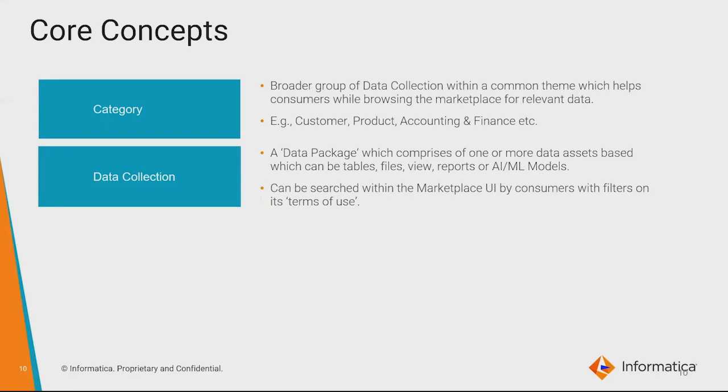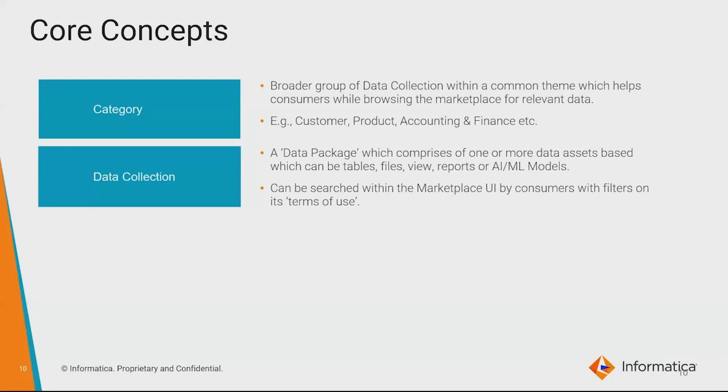So one thing to remember is that when you log into the cloud data marketplace, you can either browse by the category and dive deeper into the data collections from within the category and go down to the details of data assets, or you can simply search for a data collection. And in the marketplace UI, you can search by data collection along with filters on terms of use.